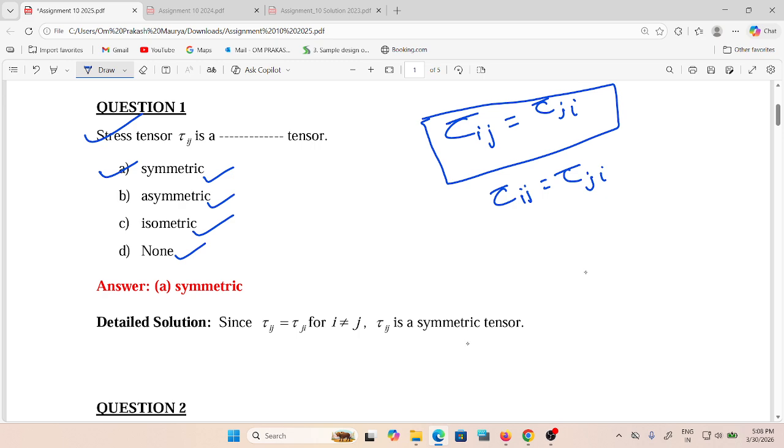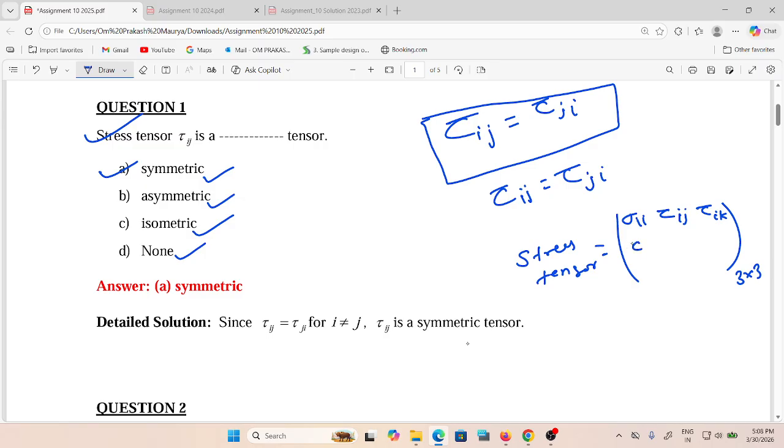So as you know, your stress tensor, if you write 3 by 3, so this is your sigma ii, tau ij, tau ik.